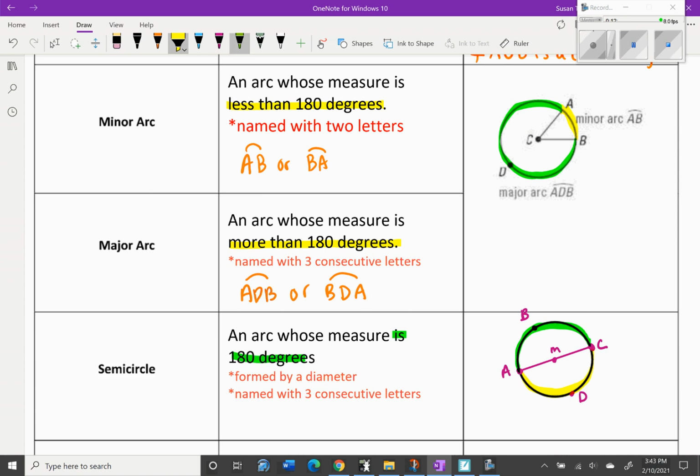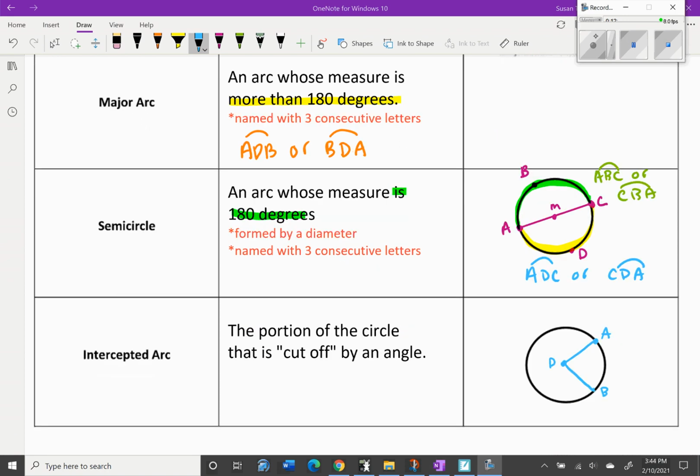So if we do this top arc and name it, we would say this is arc ABC, or you could say arc CBA. And if you did the one that's yellow, you could say ADC, so that arc, or arc CDA.